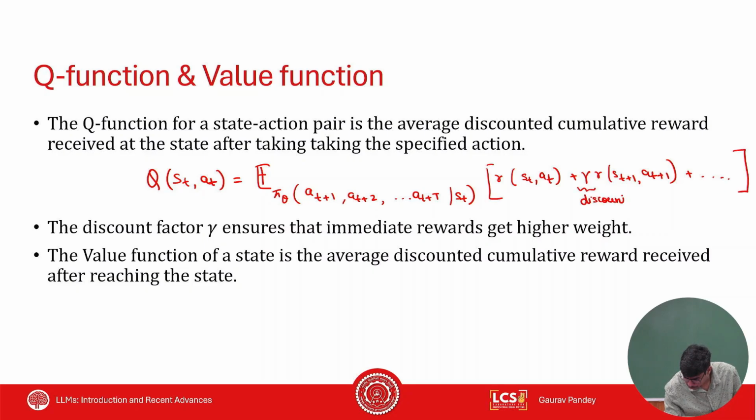This discount factor is actually close to 1. It's somewhere around 0.9 or 0.95 or whatever. And what this discount factor does is that when I am computing the Q function for the token t, I need to look at the rewards that I get in the immediate future. Those are more important, and the rewards that I get later on are less important.